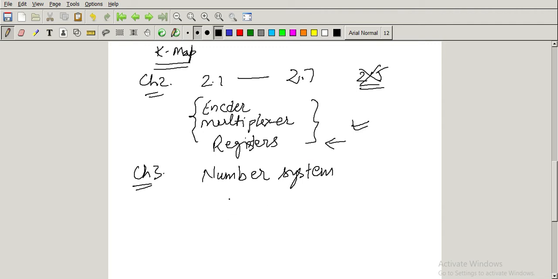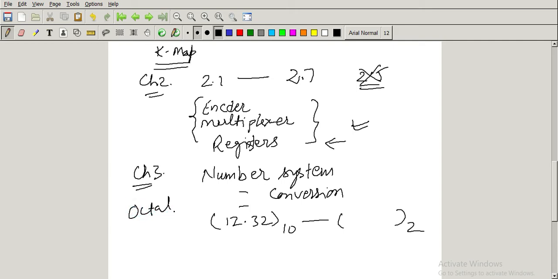In number system you have to cover all the conversions from one base to another base, which I have explained to you, including fraction part numbers like 12.32, given in decimal and then converted into binary, or vice versa, or any of the number systems, whether it's octal, hexadecimal, binary or decimal.